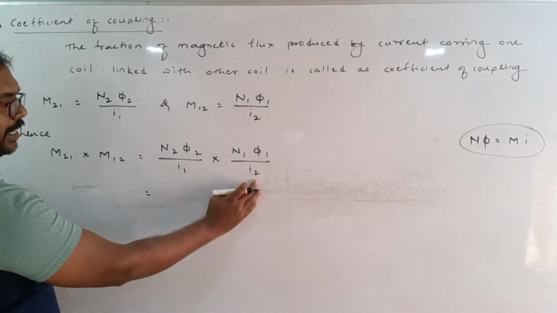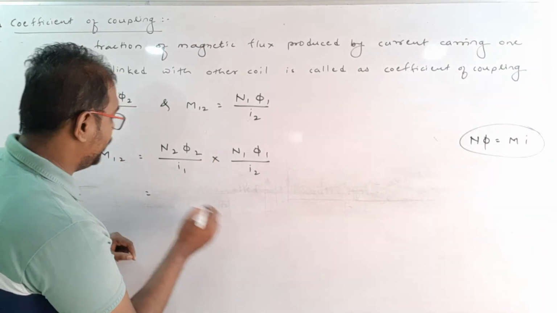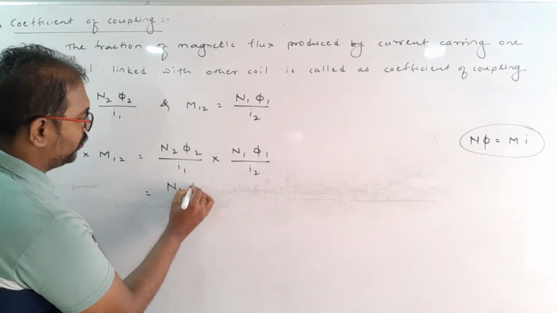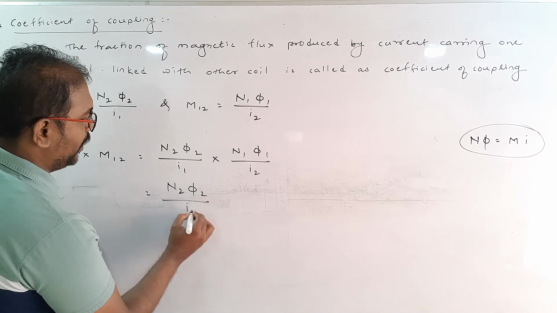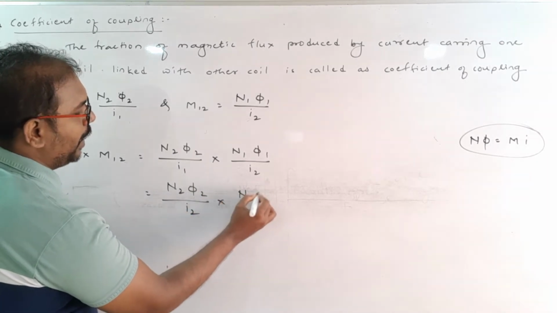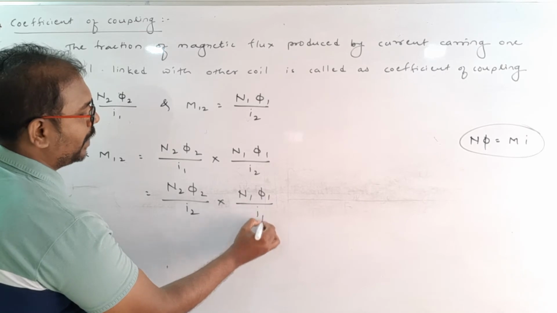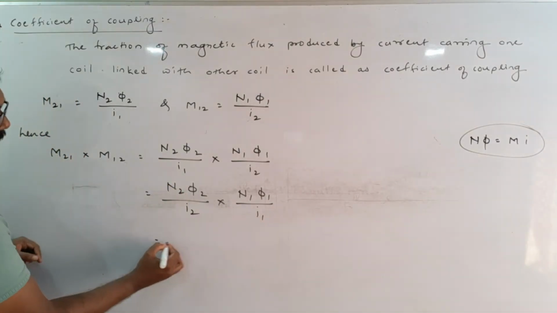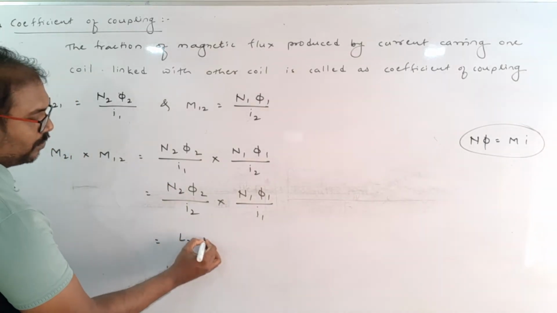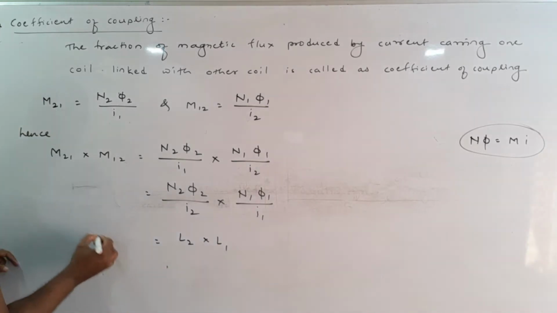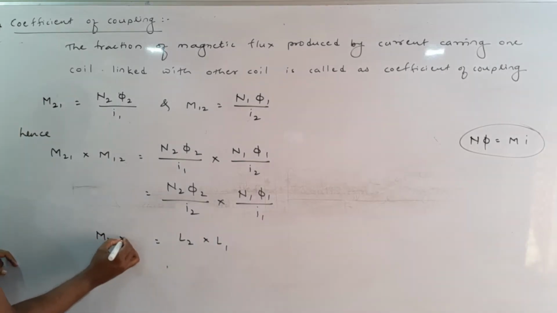I can write I2 to this side and I1 to that side. Then we get N2 phi 2 divided by I2 multiplied by N1 phi 1 divided by I1. So this I can write as L2 and this as L1.